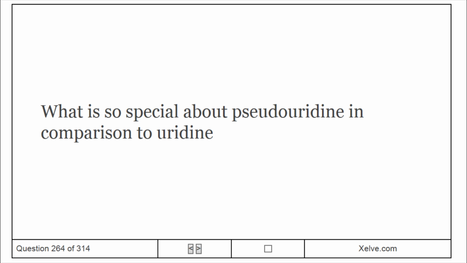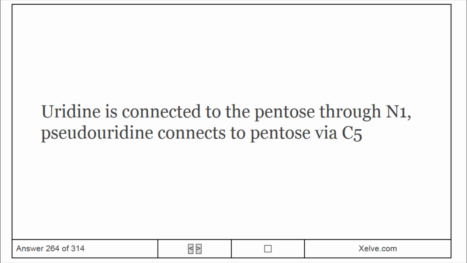What is so special about pseudouridine in comparison to uridine? Uridine is connected to the pentose through N1, pseudouridine connects to pentose via C5.